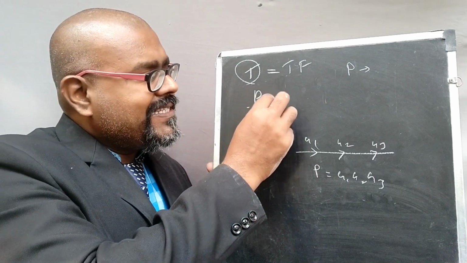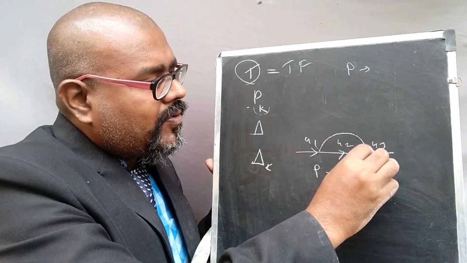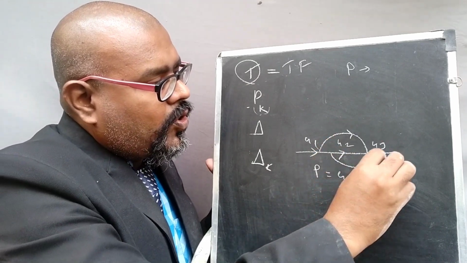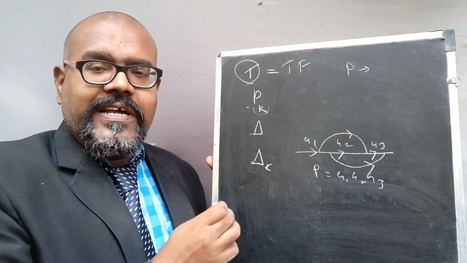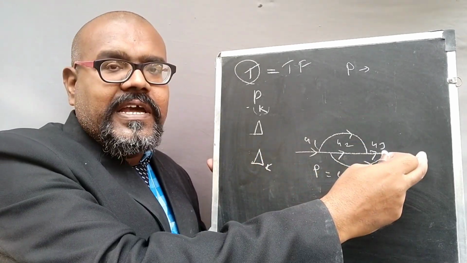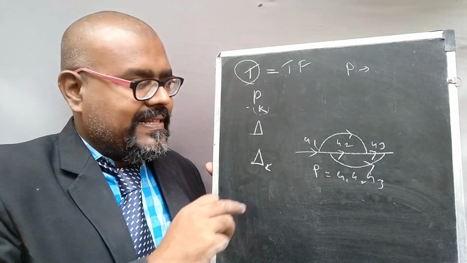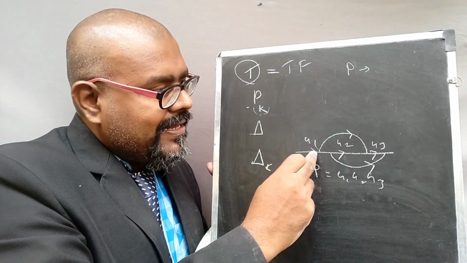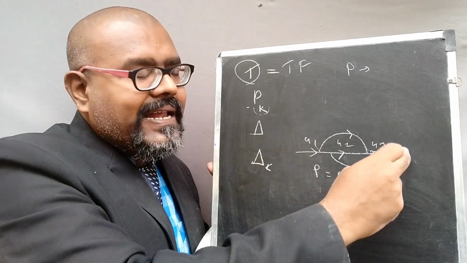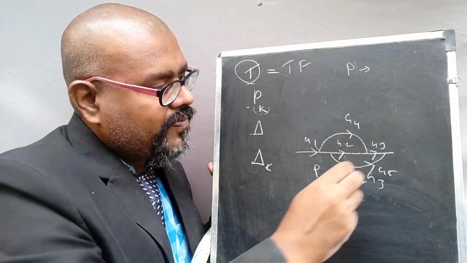Okay. What is this particular suffix K is, if in case we have 2 or 3 forward paths, don't think that it is a loop, it is a forward path because it starts from the input and ends towards the output. So here 3 forward paths are there. This is one forward path, this is second forward path, and this is third forward path. We can represent it as G4 and G5 here.